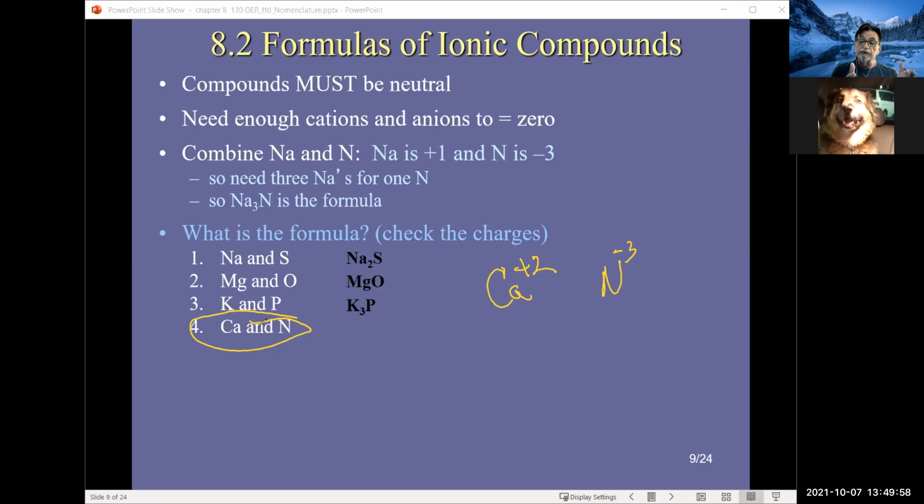Okay, now previously we've been pretty much straightforward: add enough of one to balance the other, right? Like enough potassium to balance the phosphide, enough sodium to balance the sulfide, etc. Here we can't do that. Think about it, because the calcium has a +2 and the nitride has a -3.